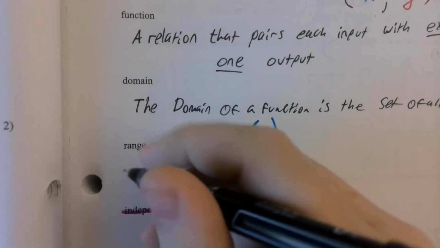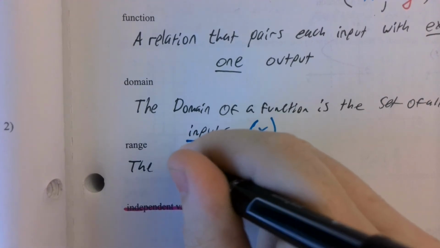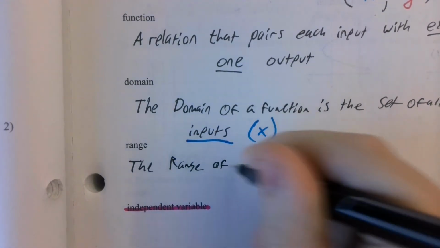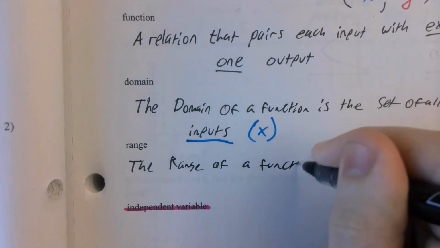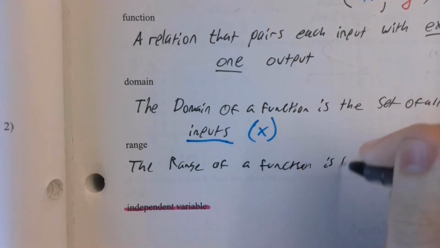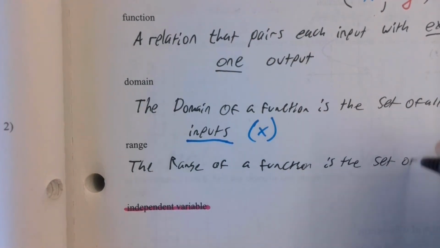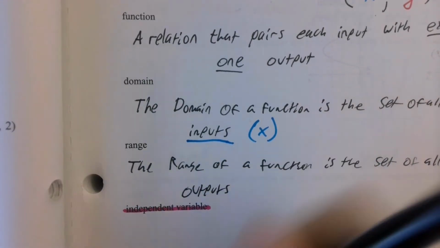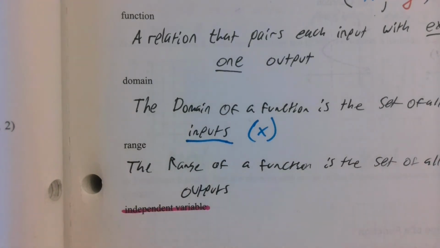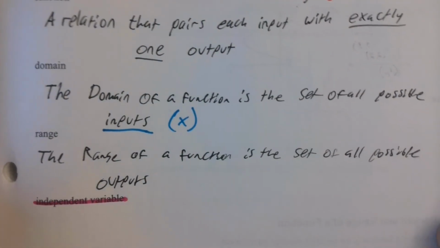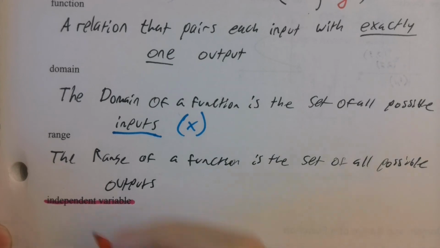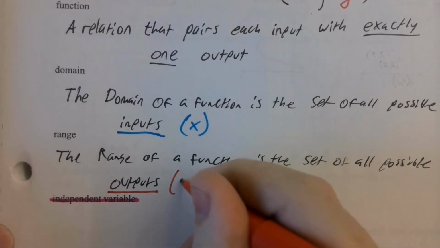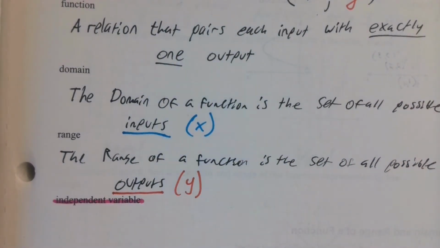The range of a function is the set of all possible outputs. So we're going to call, whoops, I realized I was cutting you off there, all possible inputs and outputs. We're going to call those our y's.